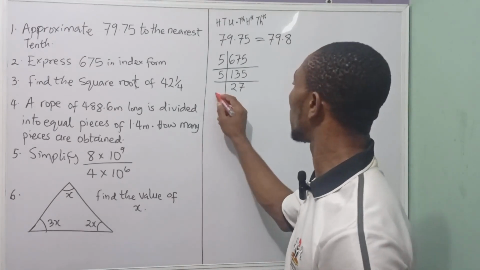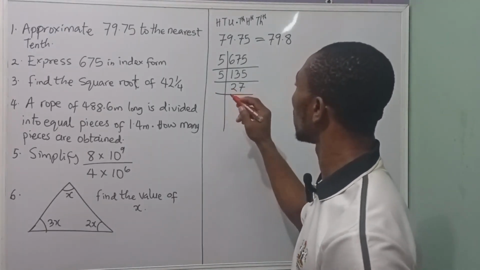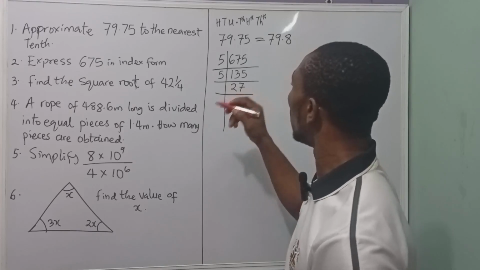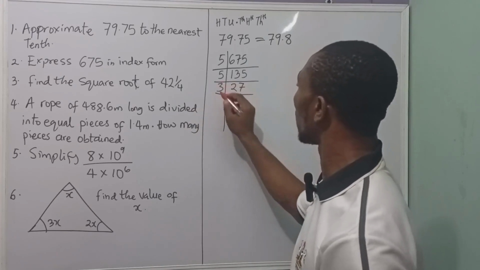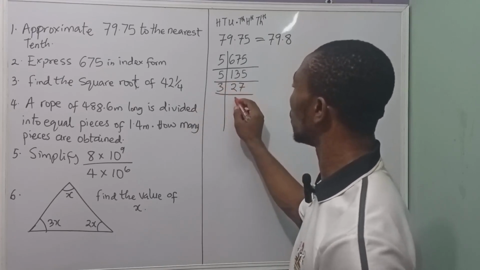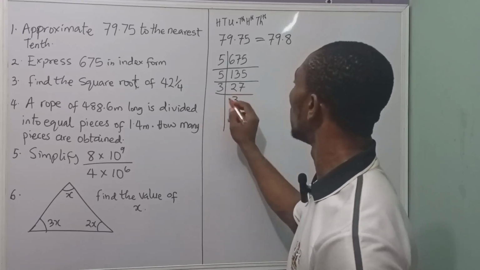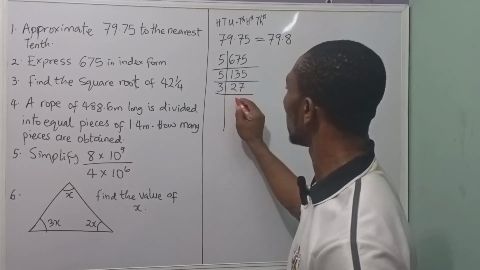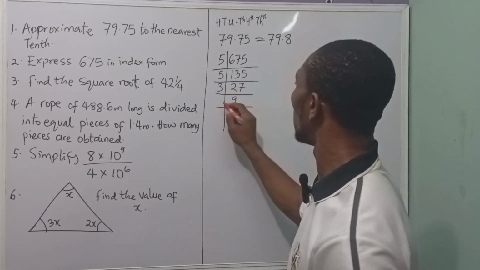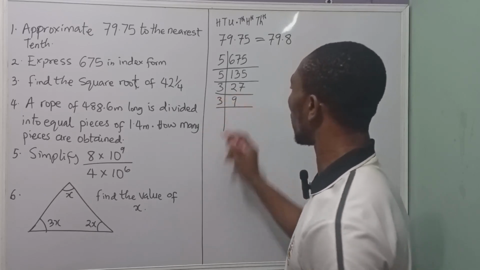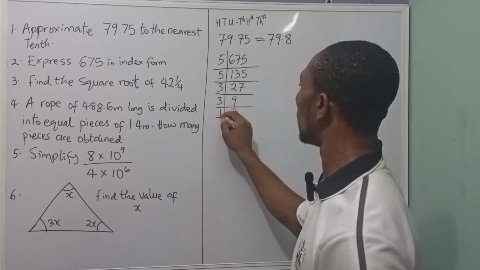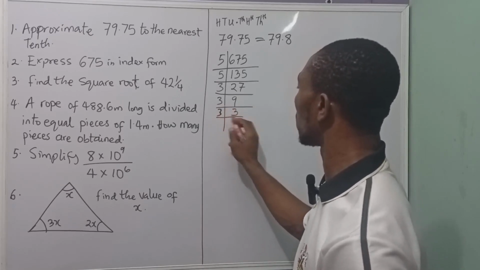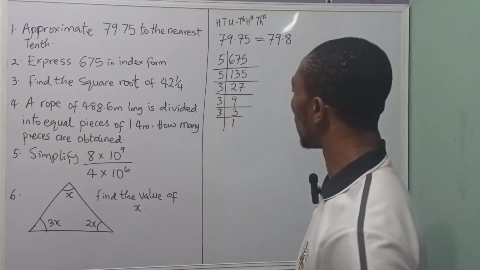Next, we'll break it down with 3. 3 into 27 will give us 9, remember nothing. Then 3 again into 9 will give us 3, remember 1. And 3 into 3 will give us 1.